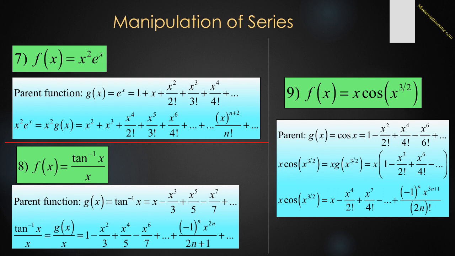So x cosine of x to the 3 halves is simply x minus x to the 4th over 2 factorial plus x to the 7th over 4 factorial minus dot dot dot. And our general term is negative 1 to the n x to the 3n plus 1 over 2n quantity factorial.